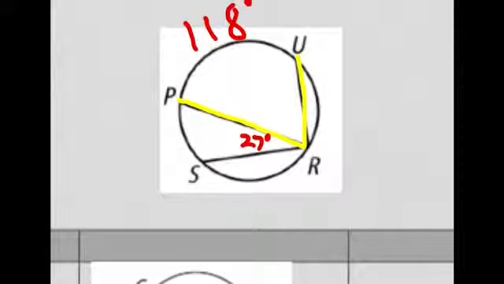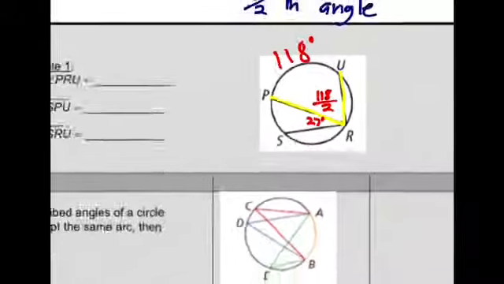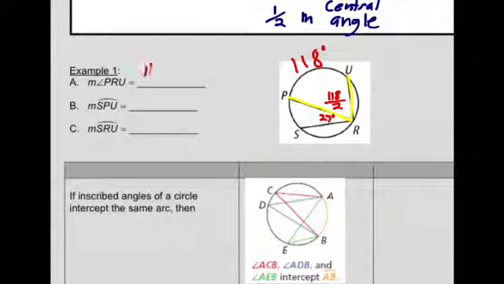So you've got those two things, and it asks you for PRU. This angle is going to be 1/2 of its intercepted arc. Well, what's the measure of its intercepted arc? 118. So it's 118 divided by 2. That's the measure of PRU. So 118 divided by 2 is 59.